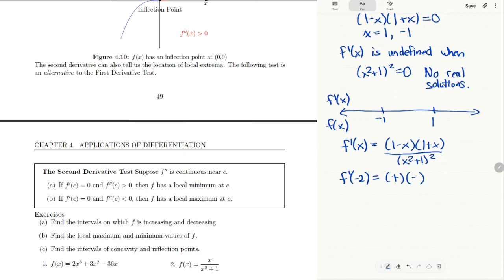In the denominator, we have x squared plus 1 squared, which will always be positive. So we end up with a positive times a negative divided by a positive number. This means that the derivative will be negative. And so f prime is negative between negative infinity and negative 1, which means that the function will be decreasing.